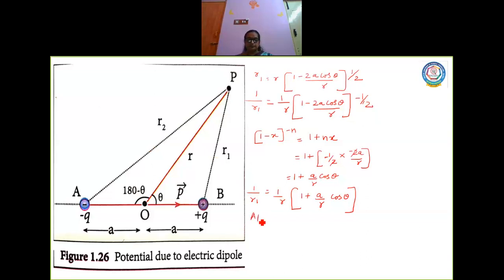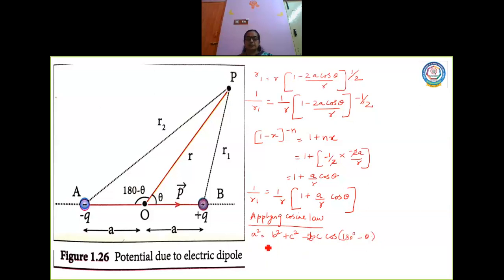Applying the cosine law, I will have once again a square equal to b square plus c square minus 2bc cos, where instead of theta I will have 180 minus theta.